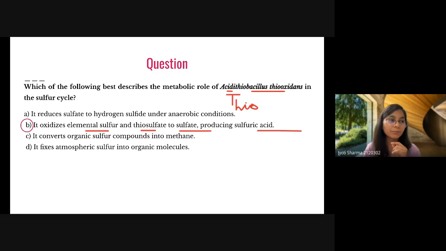And that's why in the mining area, if we have plenty of elemental sulfur, then there will be sulfuric acid, and this will create the acid mine drainage. So this is the role of that particular bacteria.